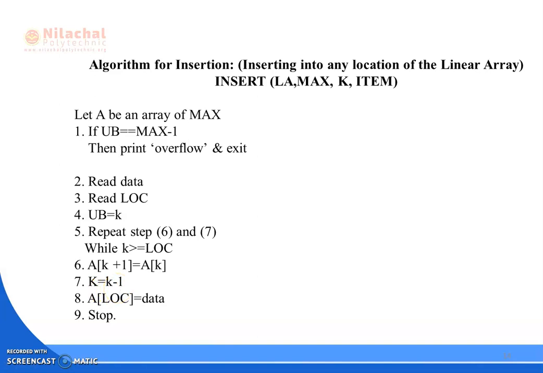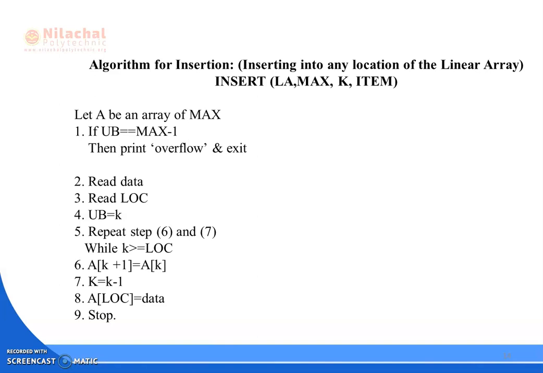It will run until we reach the location where we want to insert the element. Once we reach that location, we will assign the data at the specified location, as we have read the location, and then we will exit.